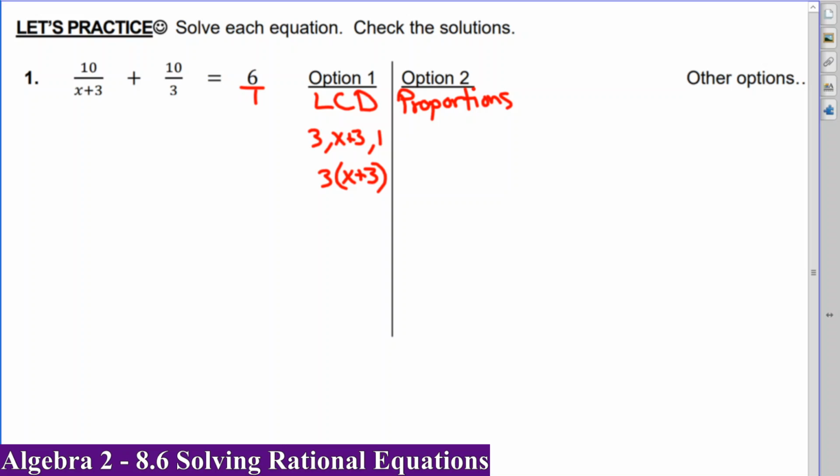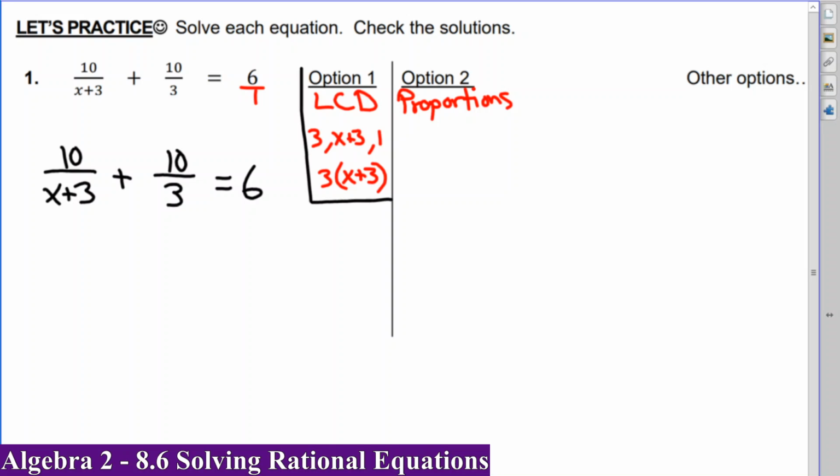I'm going to rewrite it out so we can see it a little easier, and that equals 6. We multiply everything by 3 times the quantity x plus 3, for the first term, the second term, and don't forget the 6 on the other side of the equation.